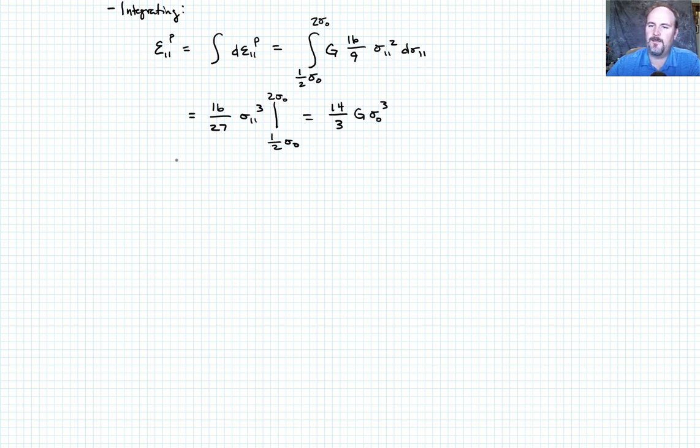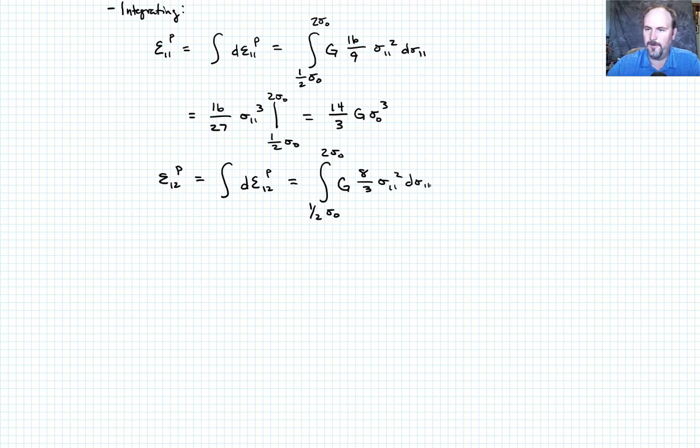Okay? Let's integrate then sigma 1,2. It's going to be the integral over d epsilon 1,2 plastic. Similarly, the limits are the same, because we wrote everything in terms of sigma 1,1, from 1/2 sigma naught to 2 sigma naught. When we do this integral, this is integrating g times 8/3 times sigma 1,1 squared d sigma 1,1.